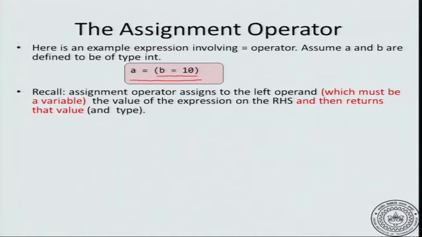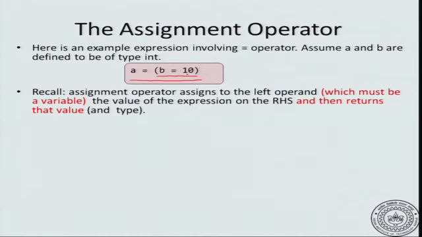It assigns the value of the right expression, which is 10 in this case, to the left hand side operand. That is one thing it does, and it also returns the value after the assignment. So, 10 has been assigned to b, and the return value of this expression is 10.